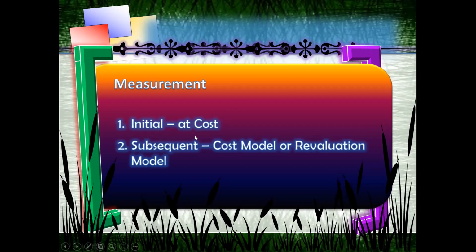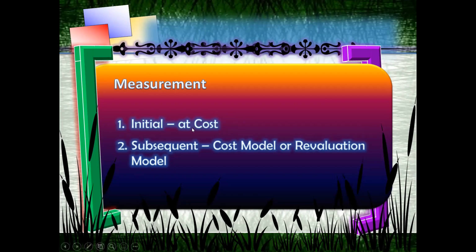So as mentioned here, the standard is very straightforward na that sabi niya, pag mag-assign tayo ng amount sa ating property, plant, and equipment, dapat you are going to measure it at cost. So, at cost lang, no? Kung titingnan natin, ay at cost lang naman pala, no? But then take note class that itong cost na to may vary, no? Depending on how you acquired the property, plant, and equipment.